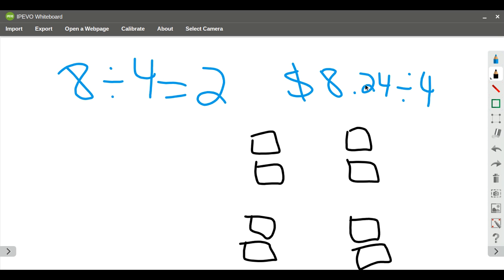And then I look at the 2. Is 2 able to be broken apart by 4? The answer is no. 2 is not able to be broken apart by 4. So what I'm going to do is I'm going to just take the 2. And I'm now going to look at it as, instead of 2 tenths, it's now 24 hundredths. So I'm going to do 24 hundredths divided by 4. So I'm going to break the 24 hundredths into 4 equal groups.